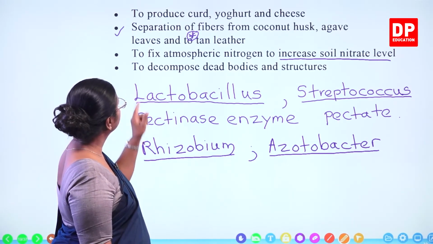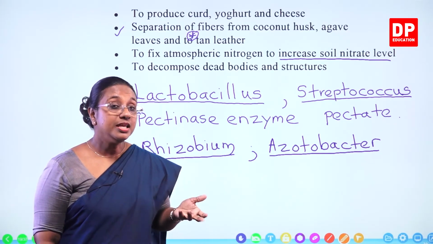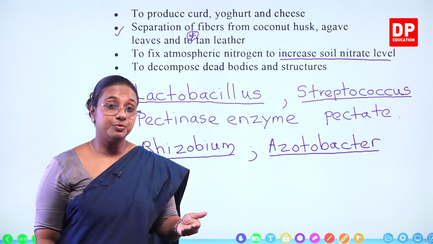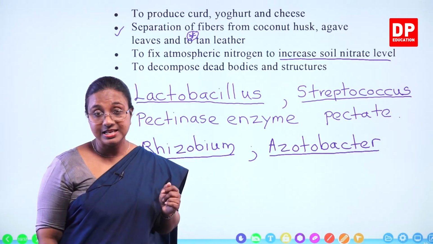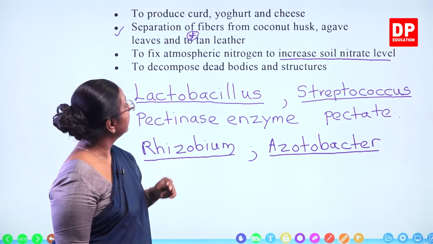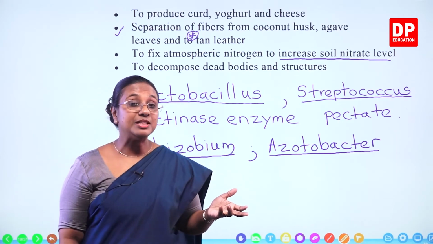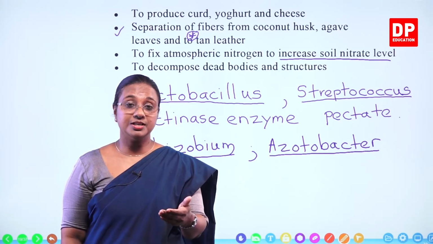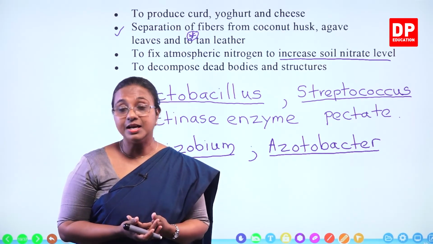Then finally, to decompose dead bodies and structures. Decomposing dead bodies and structures, those are the decomposers. We call them decomposers. So bacteria act as decomposers. So they decompose dead bodies and structures. Even methanococcus, in the production of biogas, methanococcus is used, and that also decomposes organic material.